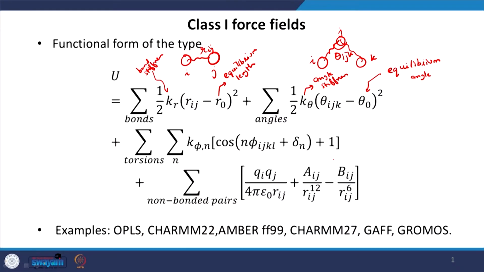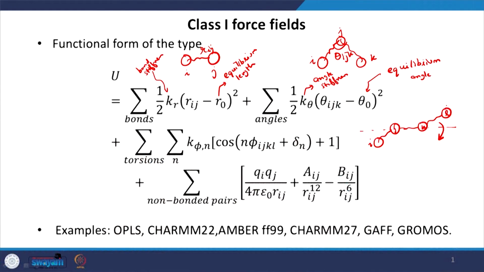This term is for the torsion, that is for 4 atoms. So, let us say you have I, J, K and L. Basically we are looking at the rotation of KL along the JK axis, and this will have some torsion angle phi IJKL, which will give rise to this particular form.